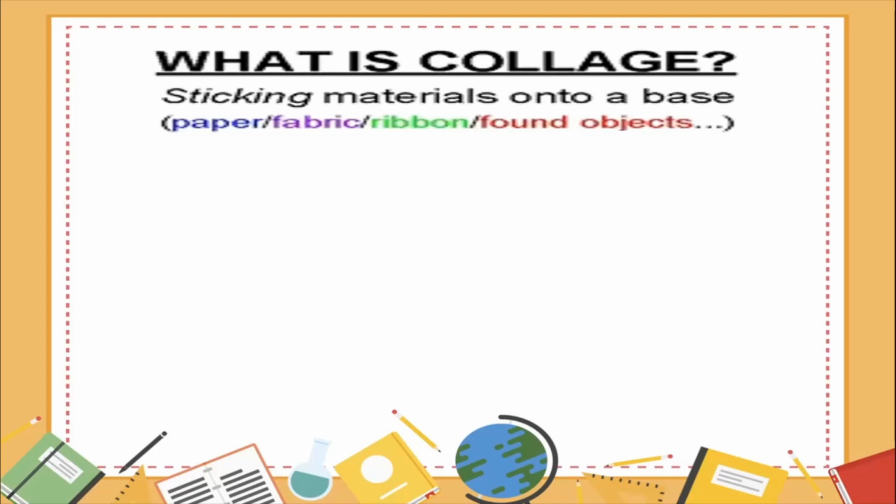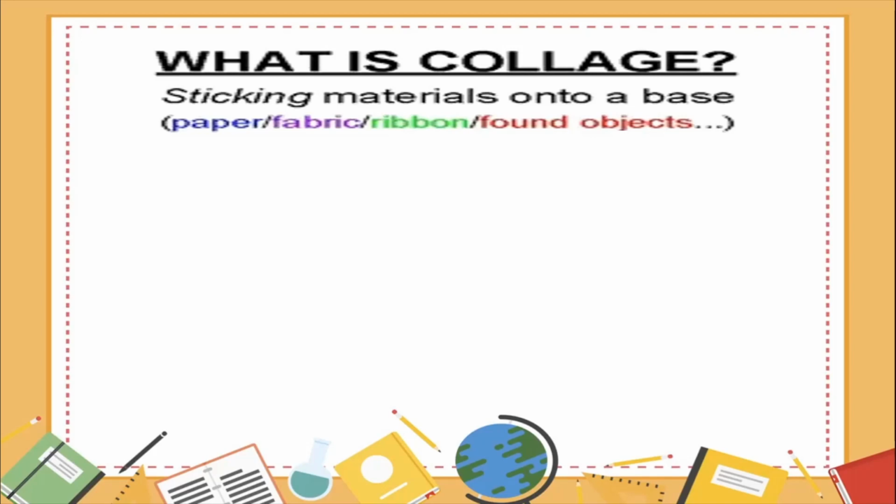So what do you do when you paint? When we paint, we take a paper or we take some material, like for example, we take a piece of cloth, and then we use the pencil or the crayon color or the watercolor to draw something on it. That is what we do when we paint.